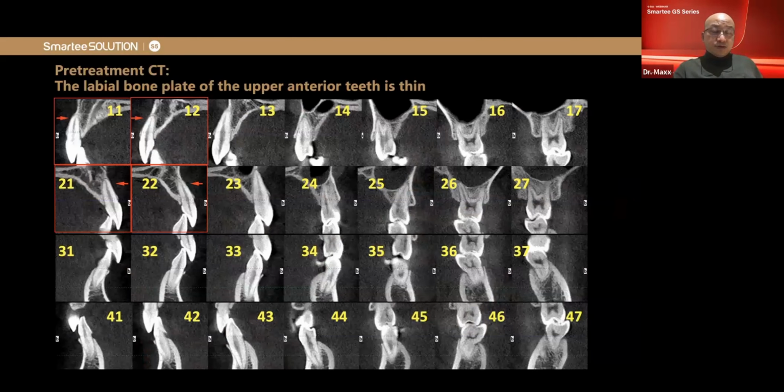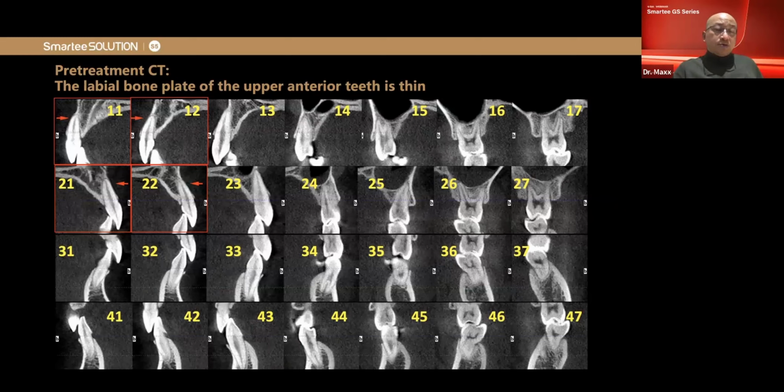So to talk about the upper front teeth control, we should look at the CBCT. This is the pre-treatment CT. We can find that the labial bone plate of the upper anterior teeth is quite thin. It's thin just like paper. So it's quite dangerous in the clinic if we apply some inappropriate force to the anterior teeth.